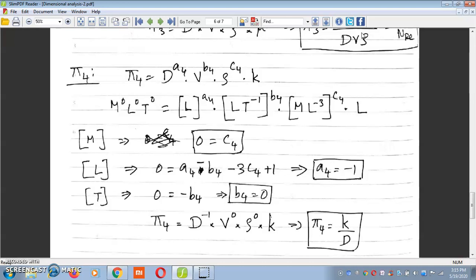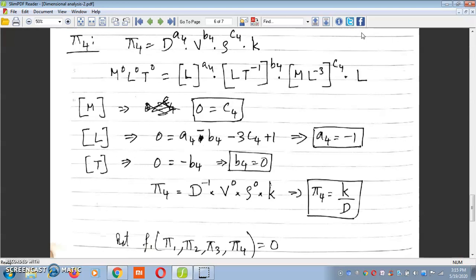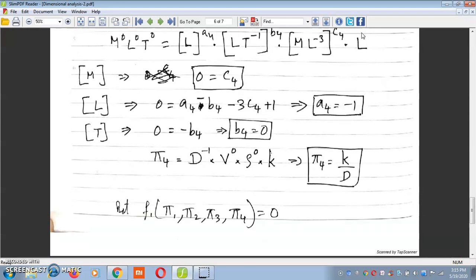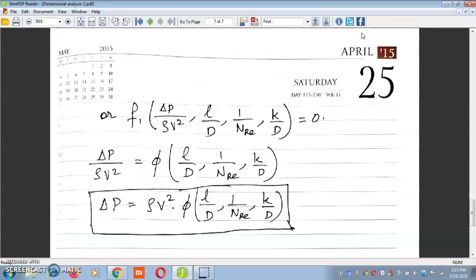So once I get all the pi terms, I write it as function of pi 1, pi 2, pi 3, pi 4 is equal to 0. Now I want to find out a relation for del p, which is found in the first pi term.